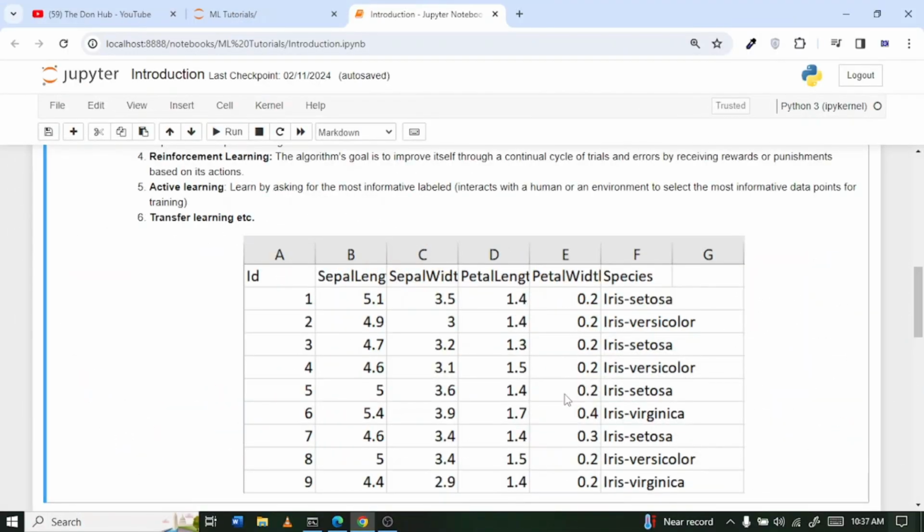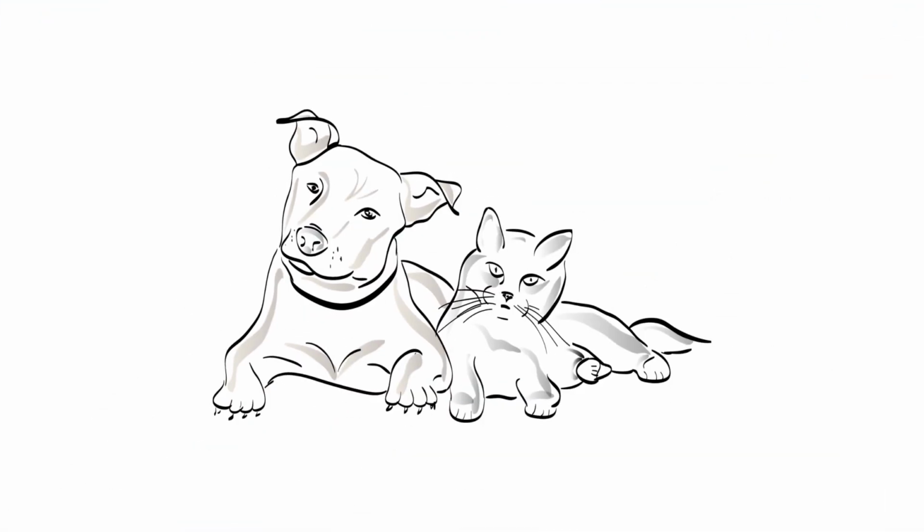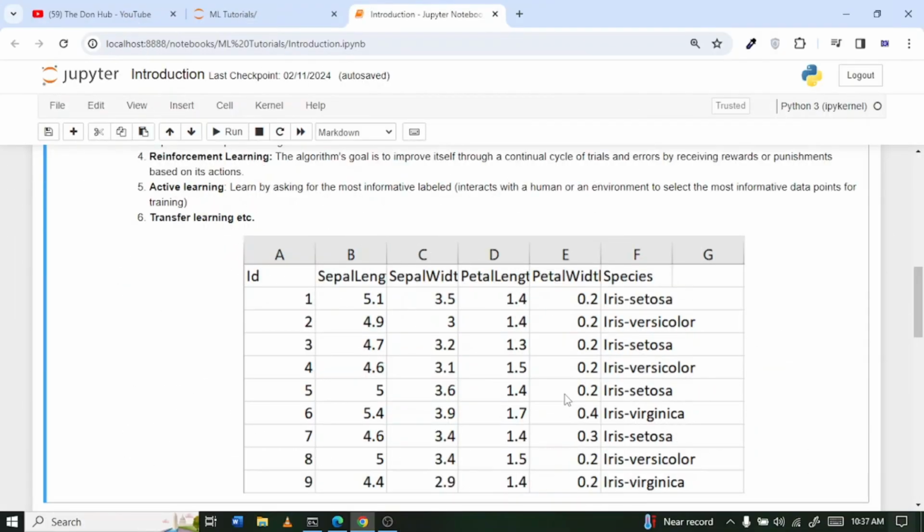Because clearly human and cat have a difference, right? But there is more similarity between dog and cat than human. So a model that is trained to classify an object into human and dog can be adjusted or trained a little bit in addition to be able to make a prediction on human and cat, right? So that is transfer learning.